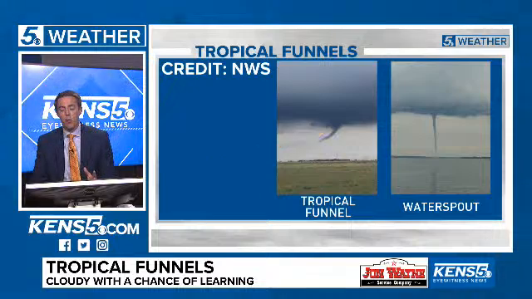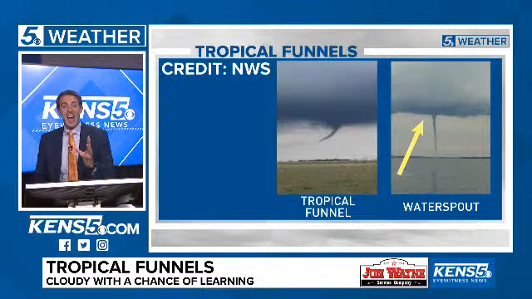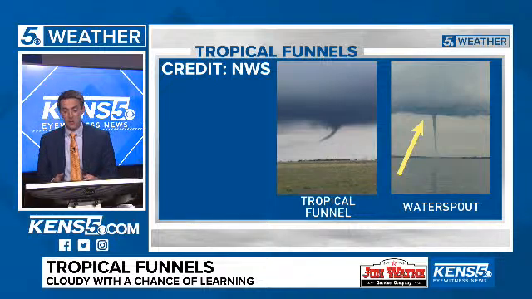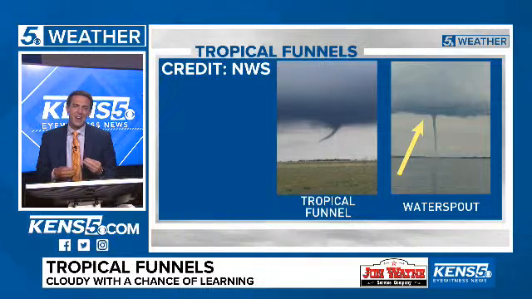And here's an image of a waterspout that formed from a tropical funnel. This is actually a waterspout that formed on a lake. How interesting is that? So you don't just have to be along the coast to have a waterspout form. This is a reservoir about the size of, maybe a little bit bigger than, Calaveras Lake.